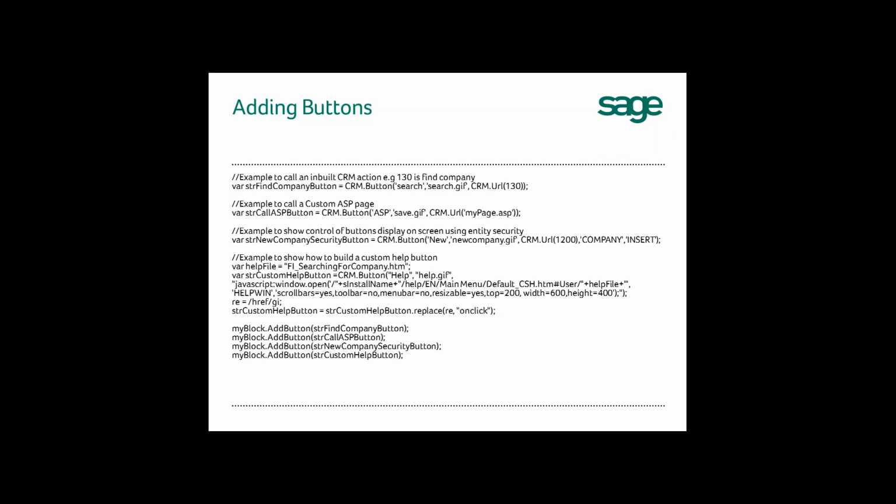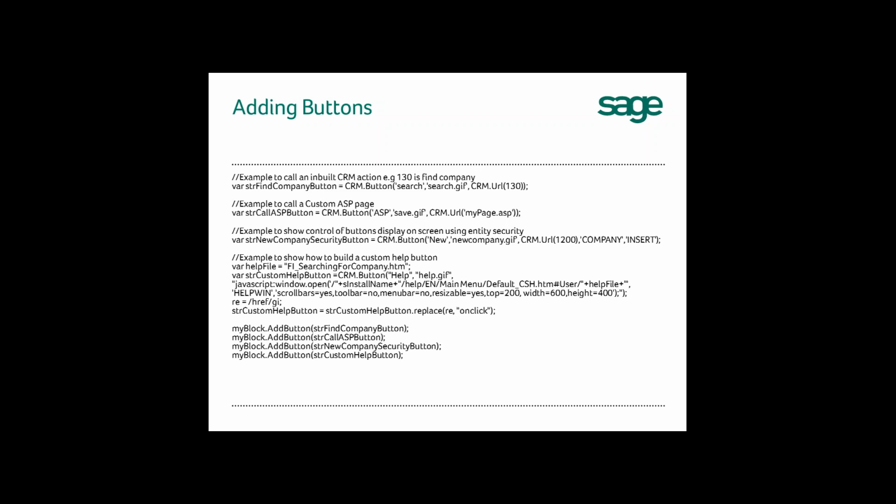The job of CRM.button is to build the HTML that contains the hyperlinks for the button action. So all buttons inside CRM are essentially hyperlinks. And so if we add a new button, you're calling a new page, one which will insert a new record.